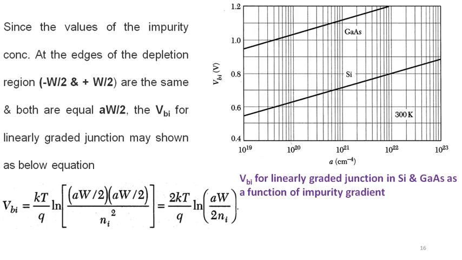For two examples, silicon and gallium arsenide, as a function of impurity gradient from 10 raised to 19 to 10 raised to 23, silicon has a lower band gap, so its built-in potential is approximately 0.55 at 10 raised to 19 and approximately 0.84 at 10 raised to 23. For gallium arsenide the value increases, since built-in potential depends on the band gap, as in the previous case.